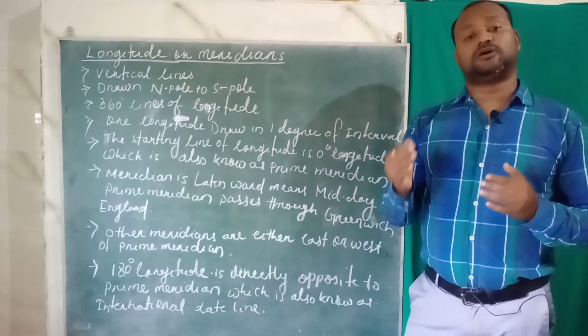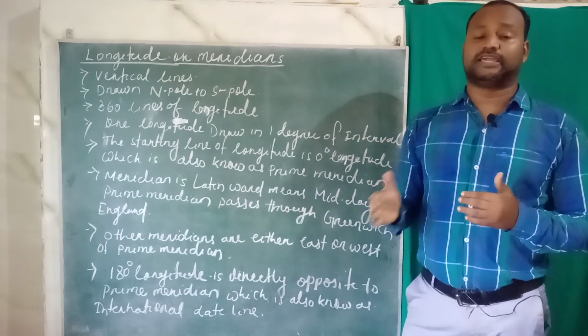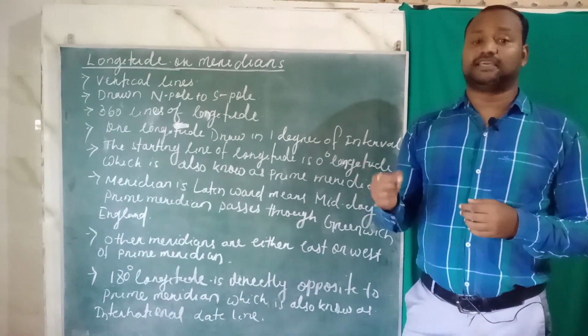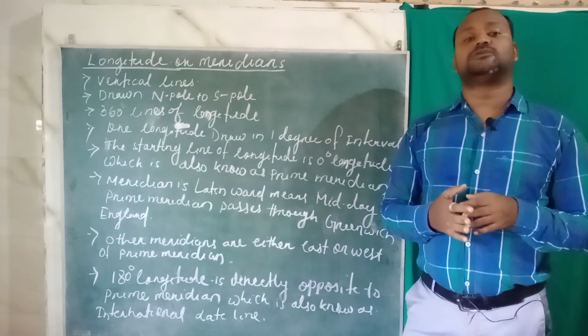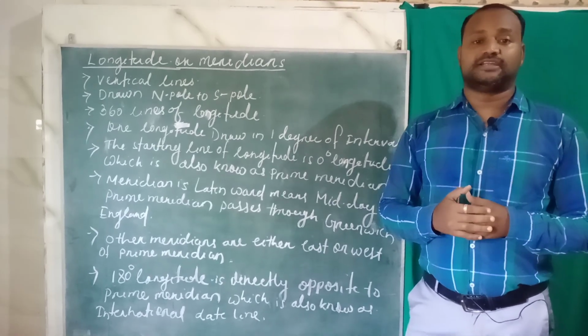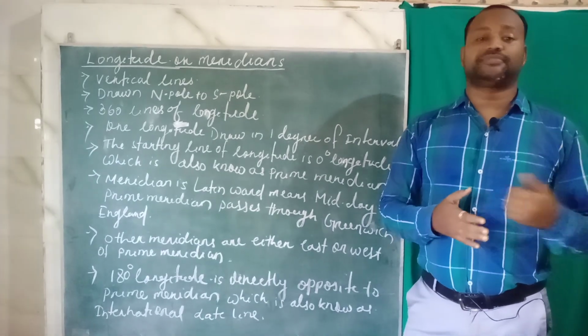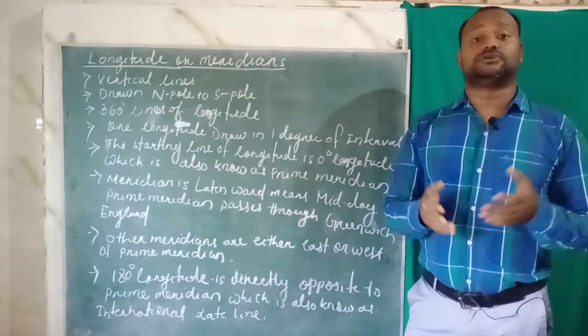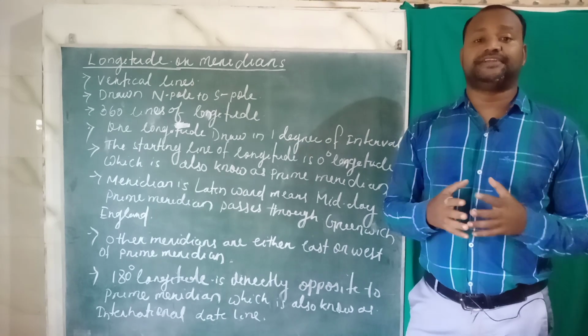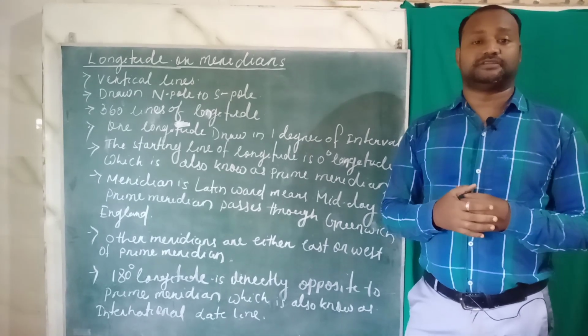Student, these longitudes which are located in the east are denoted as east longitude, and those which are located west of the prime meridian are known as west longitude. The 0 degree meridian is known as the prime meridian.